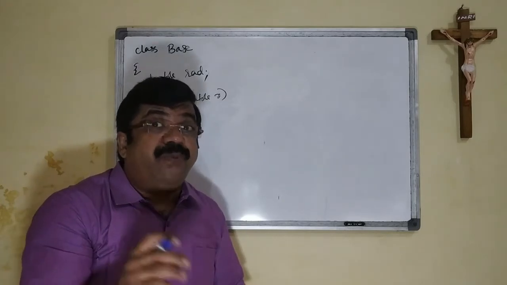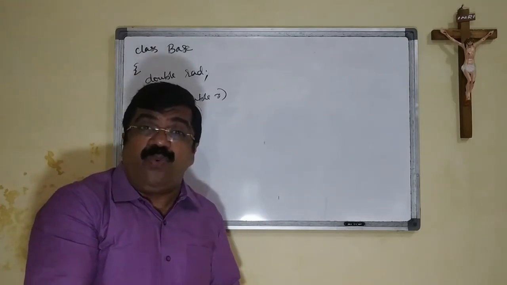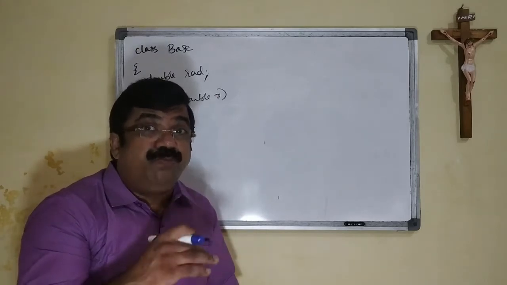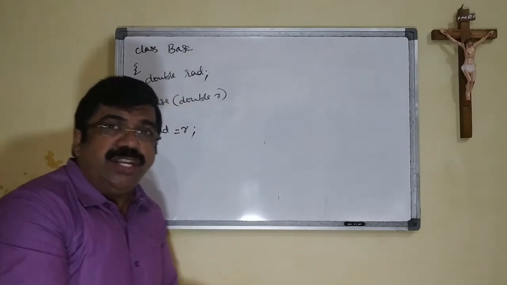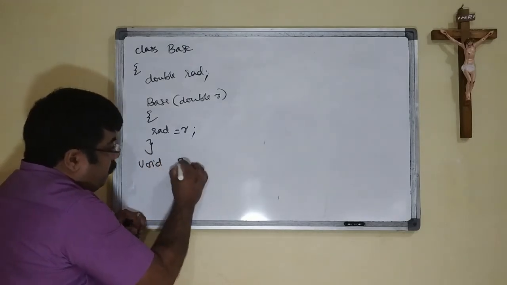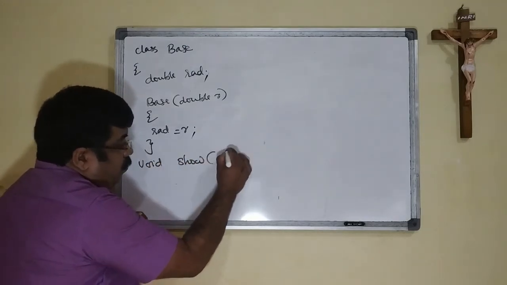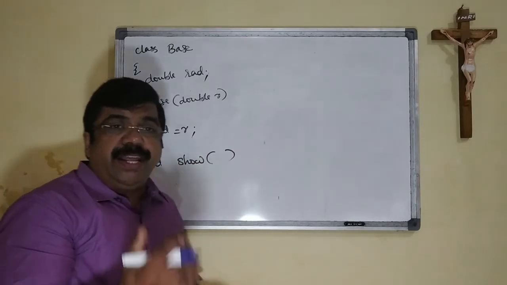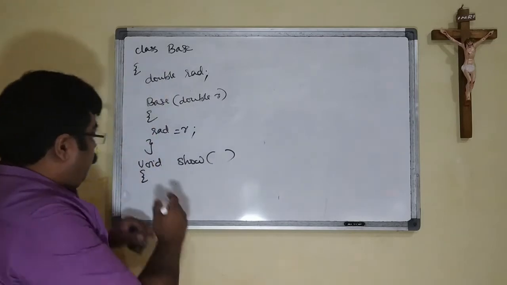Now we have to have a function which is printing the value of the radius. The radius should be displayed there. So we are writing the function name as void show. Here we have to display the radius is so and so.